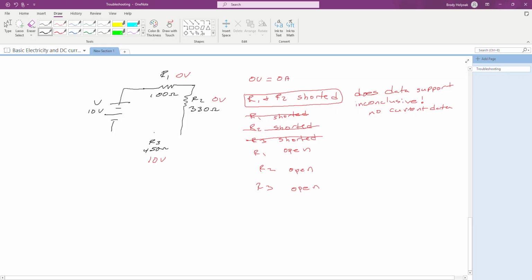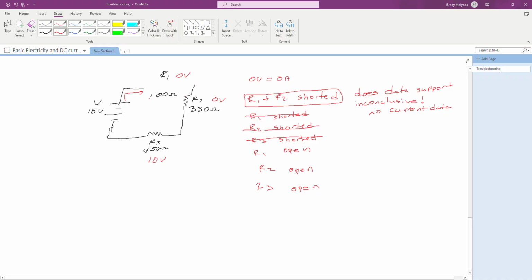I'm going to draw these in individually so I can erase them. Okay, so if we say R1 is open, that means we've lost that component. Where's my current path? Well, the current's going to come out of my positive, hit this open, and have nowhere to go. Current coming out of my negative is going to come around, go through R3, R2, but then there's no place for it to go.